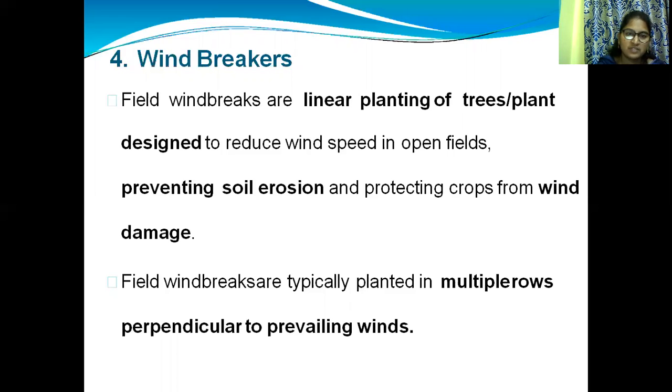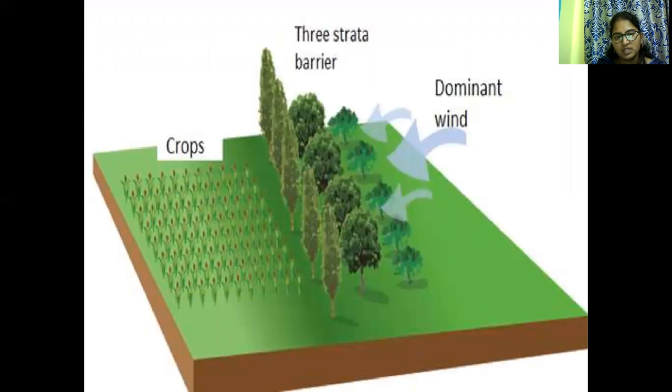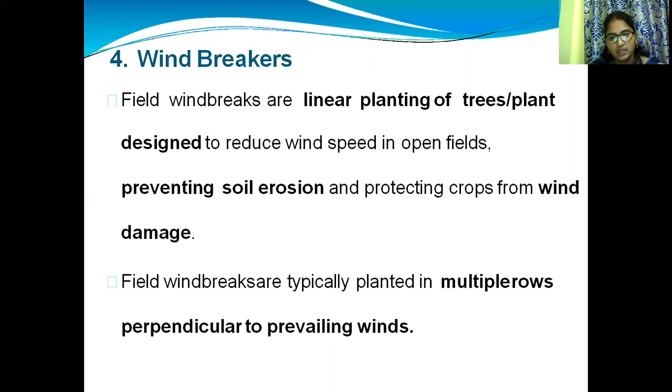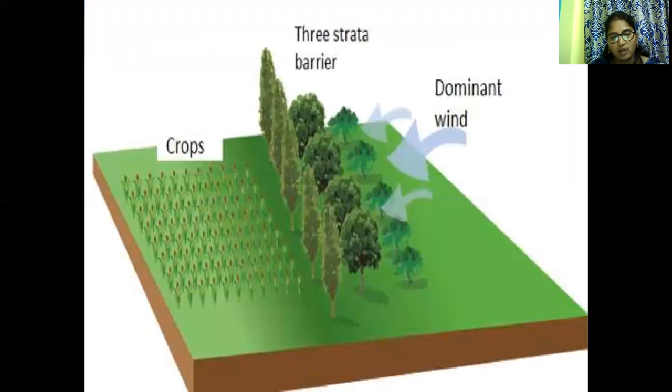These are techniques for reducing soil erosion and protecting from wind. So one technique is to construct a retaining wall across the land, and another is windbreakers, which reduce soil erosion and prevent wind damage to the crop.